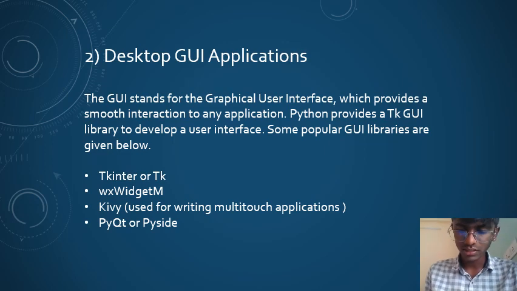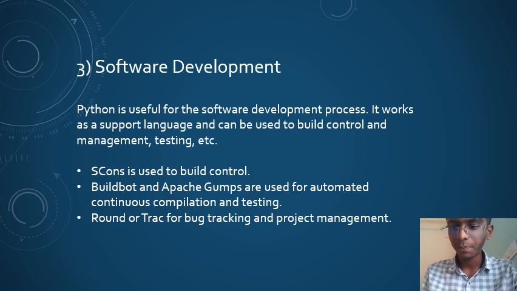Moving on to the next slide, we have software development. Python is used for software development purposes also. As we all know, one of the major applications of Python programming is software development.